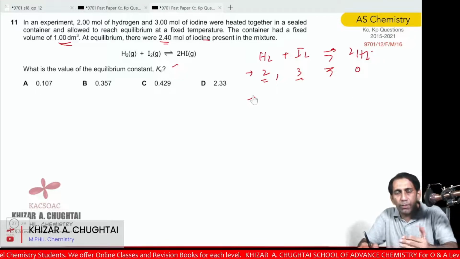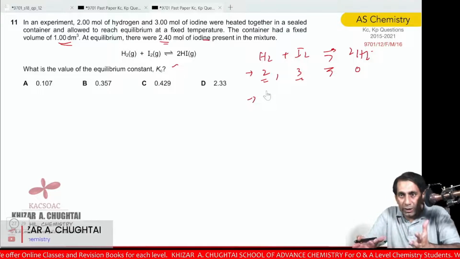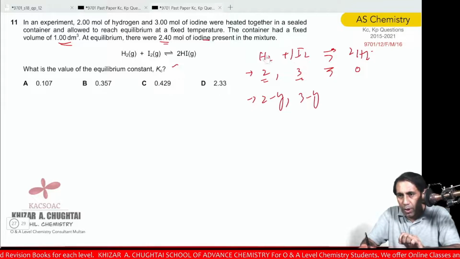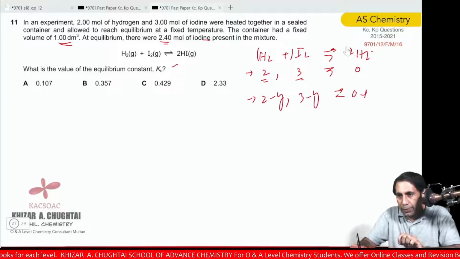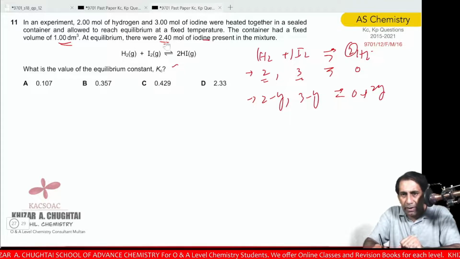Step 2, I'm going to start from the very beginning. You can say I'm going to apply all the steps. And the next step is 2 minus y, 3 minus y, and here 0 plus 2y. At the stage of dynamic equilibrium, iodine is equal to 2.4.